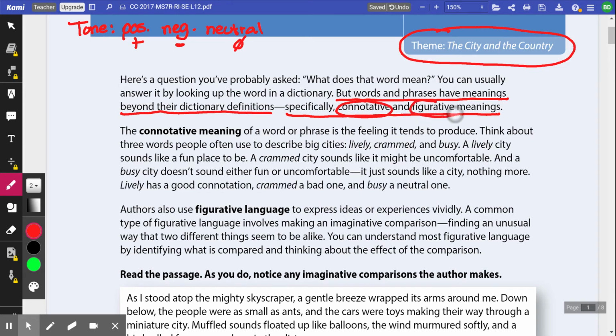So these are the two that we're focusing on. Once again, connotative and figurative. So this paragraph is saying that words and phrases have meanings that go a little bit deeper than what the dictionary definition of the word or phrase says. So, especially connotative and figurative.